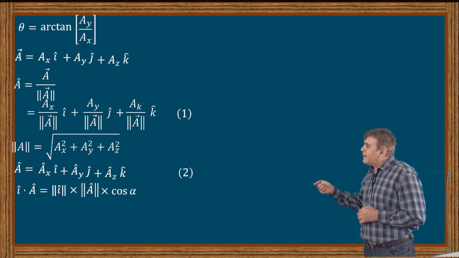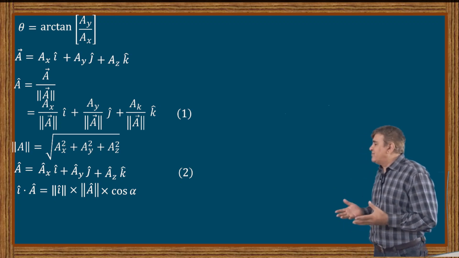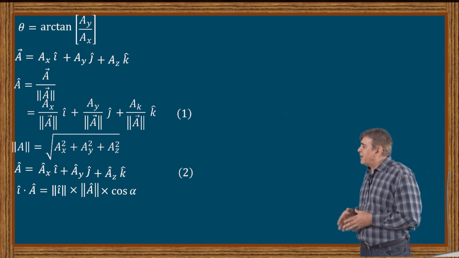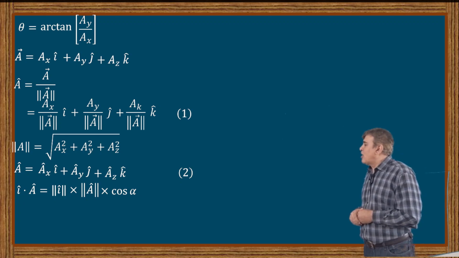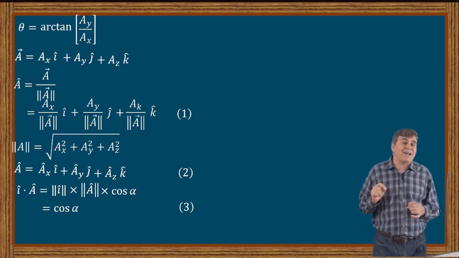I'm writing the angle between i and unit vector A as alpha. Now the magnitudes of unit vector i and unit vector A are both 1, so the product of these is also 1. I can write the right side of the equation as just cos of alpha. Remember, alpha is the angle between unit vector i and A.